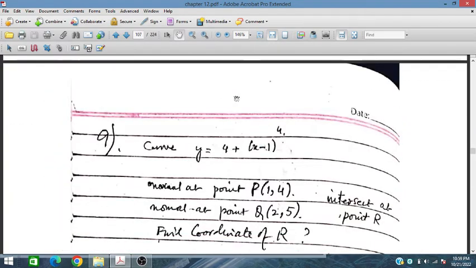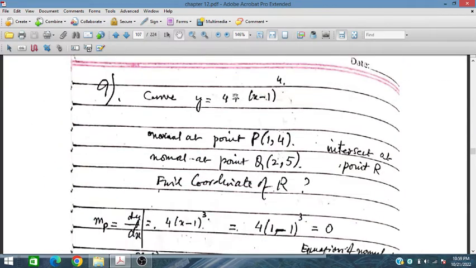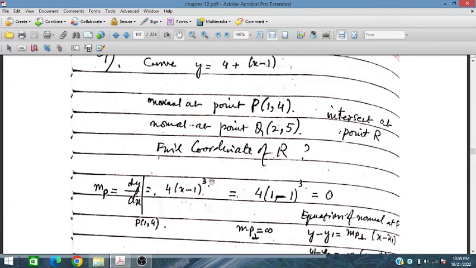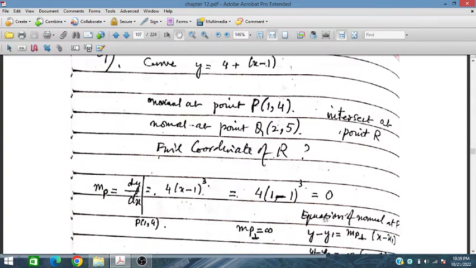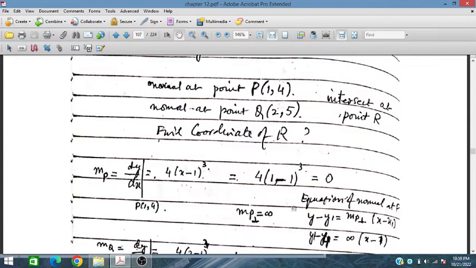This is problem number 9. The curve is given as this: the normal at point (1, 4) and the normal at point Q intersect at point R. Find the coordinates of R. We take the gradient of this curve, which is 4(x minus 1)^3. Now at point P, this gradient is 0.